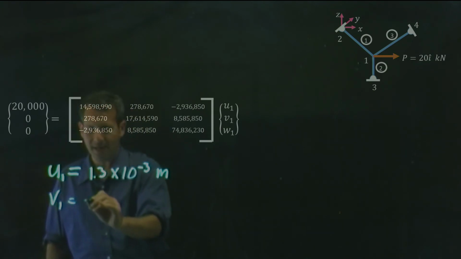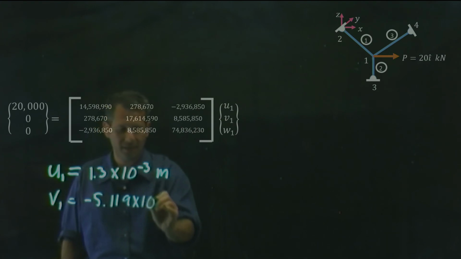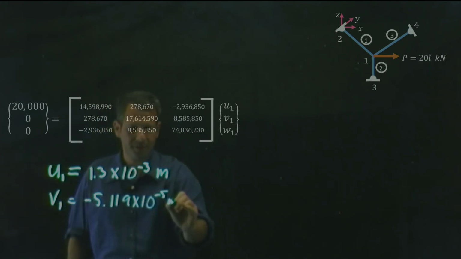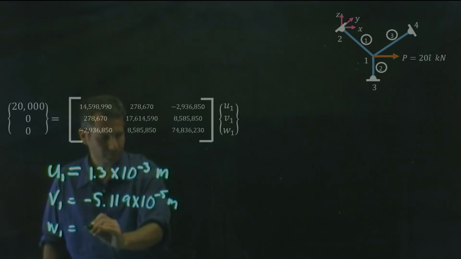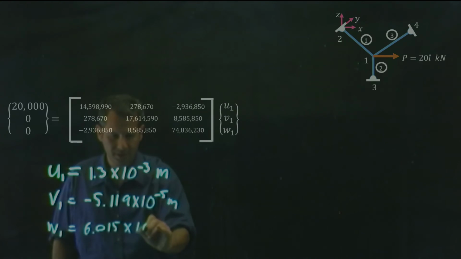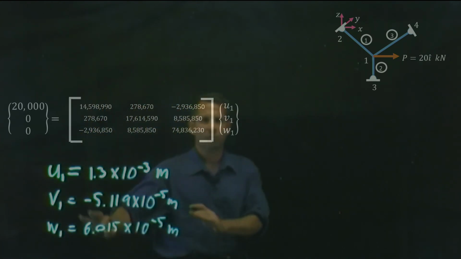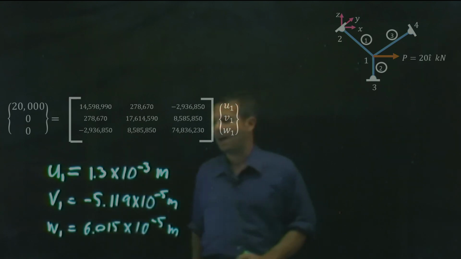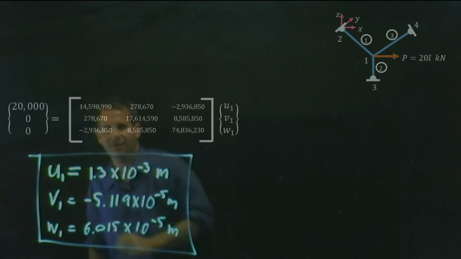V1, I got negative 5.119 times 10 to the negative 5 meters. And W1 equals 6.015 times 10 to the negative 5 meters. Again, this was one of the things the problem statement asked us for. On my homework, I'll want to put a box around that if I want full credit.